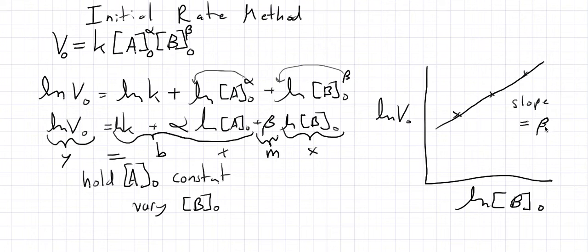Let's do a quick example. Let's have some initial rate data. The rate data is going to be in concentration per time. Sometimes the concentration units will be in millimolar, so we'll do millimolar per second.